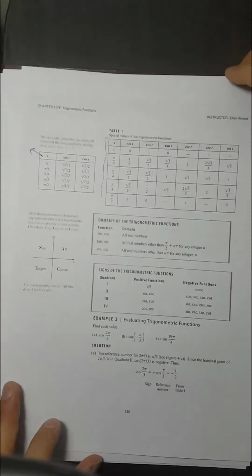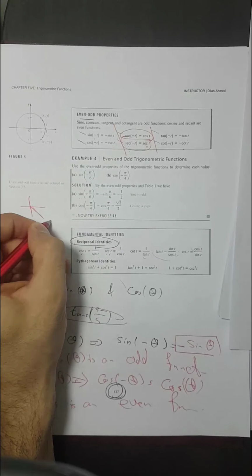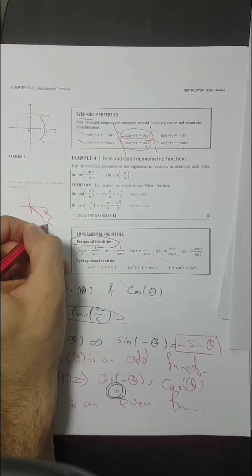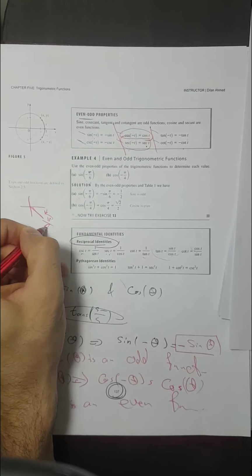So how about sine of minus pi over 6? You can solve this one by the previous method using the reference. Forget about minus and just say I have sine of pi over 6, which is equal to 1 over 2. But because I'm talking about minus pi over 6, I'm in the fourth quadrant, and in the fourth quadrant sine is negative, that's why I put negative.